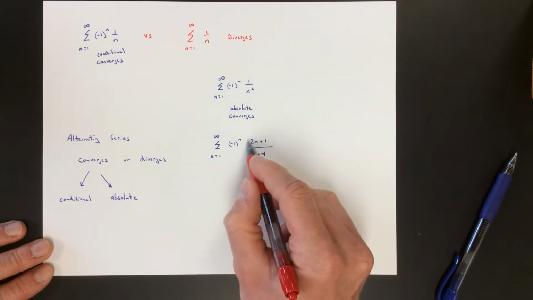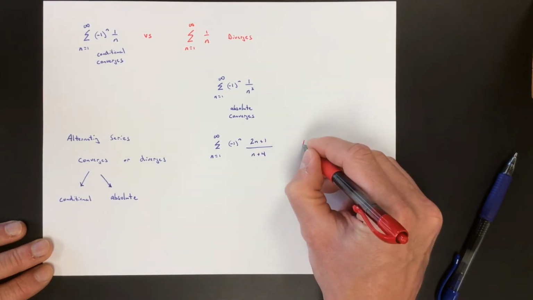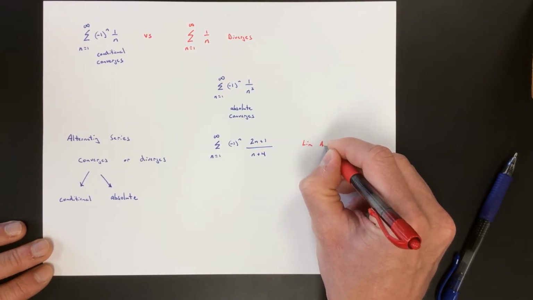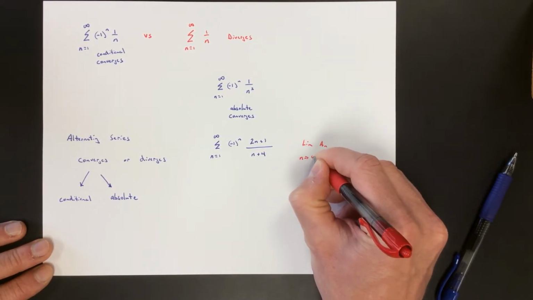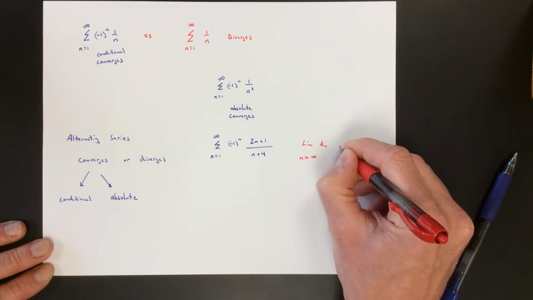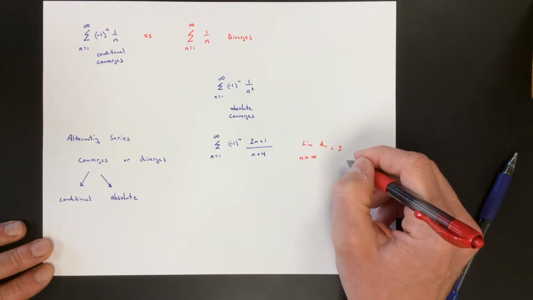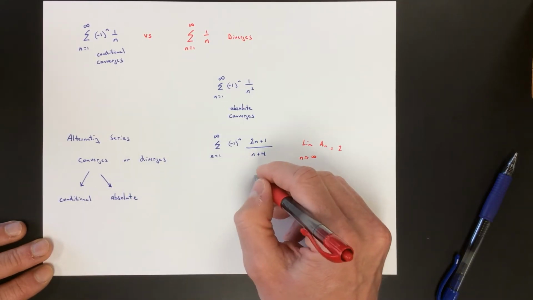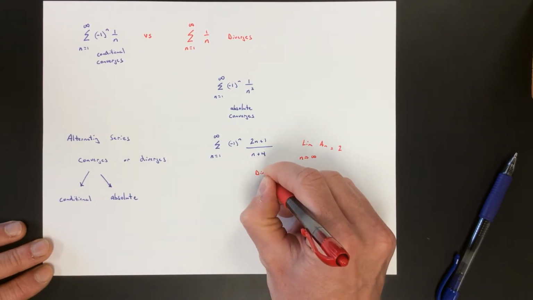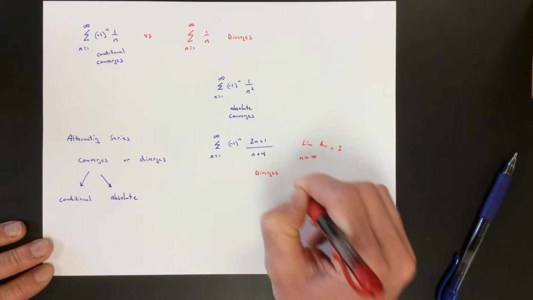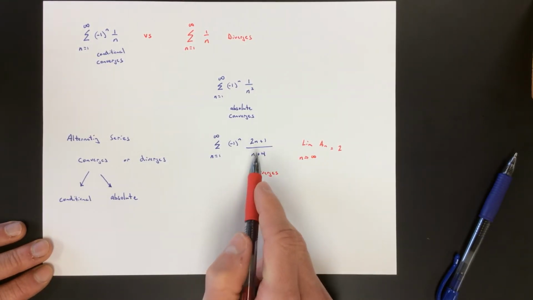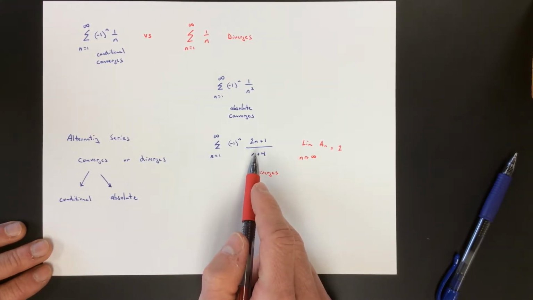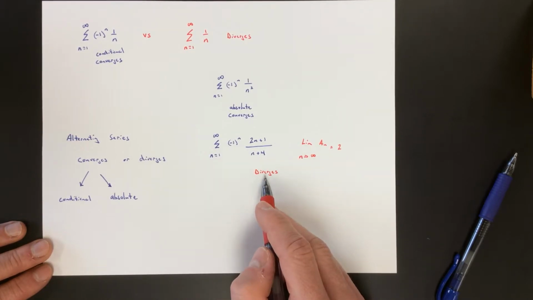This has a limit equal to 2. The limit of this series as n goes to infinity is 2, which is not 0. So we don't have to care about conditional or absolute, because this whole thing just diverges to begin with. Again, not all alternating series converge. This doesn't go to 0, so it doesn't pass the alternating series test, so it diverges.